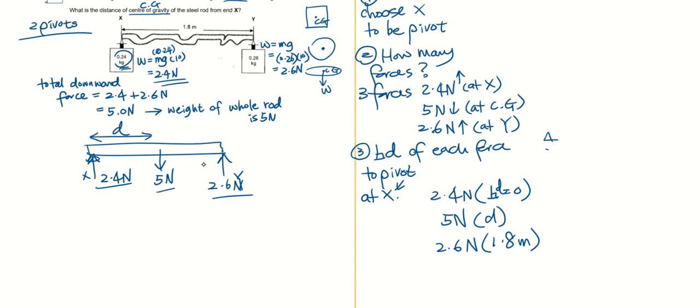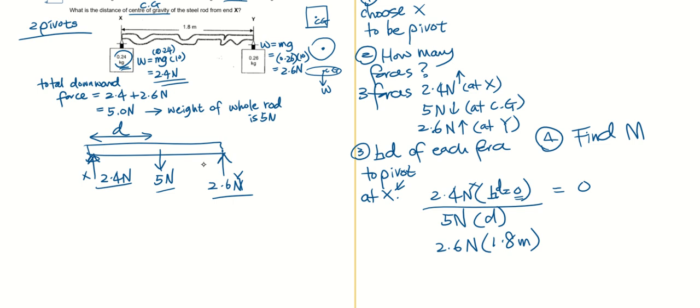Step 4, calculate, find moment. Okay, so for this 2.4 Newton, it is actually 0, right? Because 2.4 multiplied by anything that's 0 will become 0. Remember, if the force is exerted at the pivot, there is no moment because the perpendicular distance is 0.